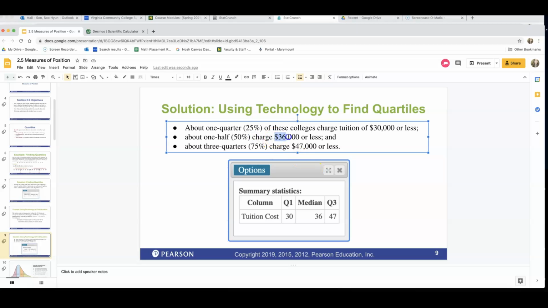Charge $36,000 or less, because the median is 36. And we can also say about 1/2, 50% charge more than $36,000. And lastly, about 3/4, 75%, charge $47,000 or less because our Q3 was 47. We can also say about 25% of these colleges charge tuition of more than $47,000. And that section will be to the right side of Q3.